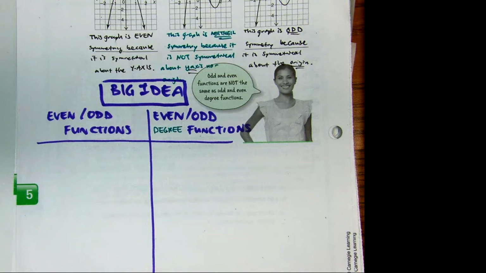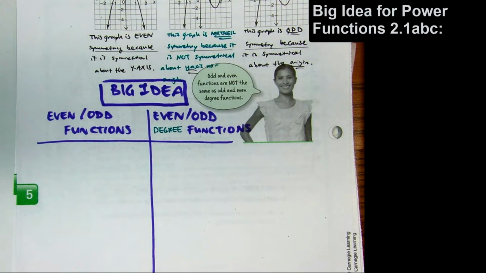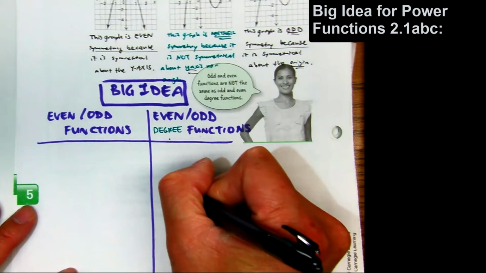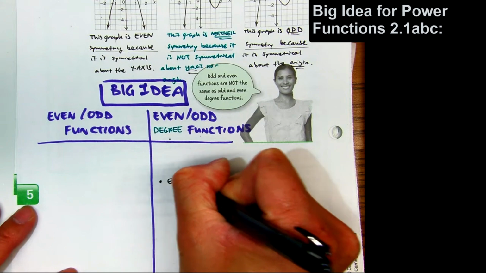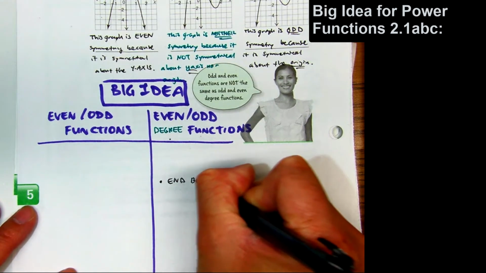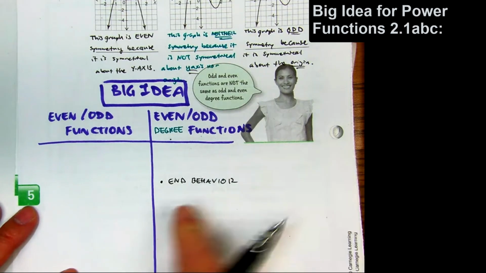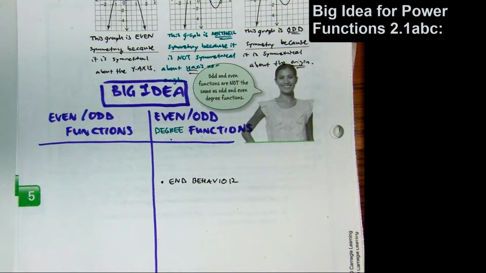Where would you put end behavior? So end behavior is correct here. Partner A, tell partner B the sentence we usually write for end behavior. Ready to go.